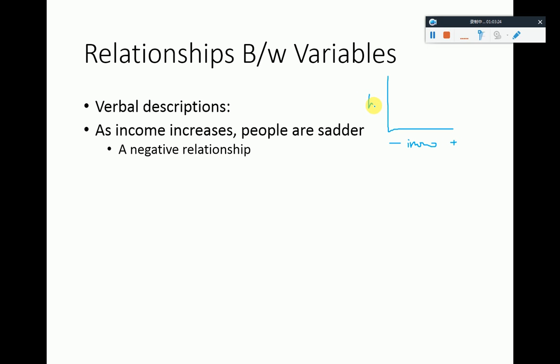We have happiness here, from sad to happy. So if we plot this relationship, as income increases, people are sadder. So it's a line like this. Therefore, it's a negative relationship.